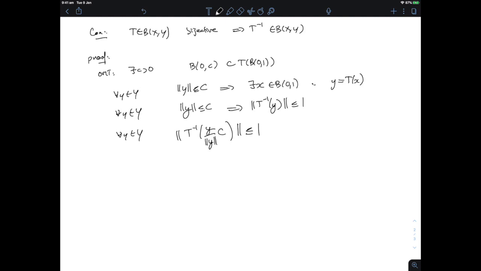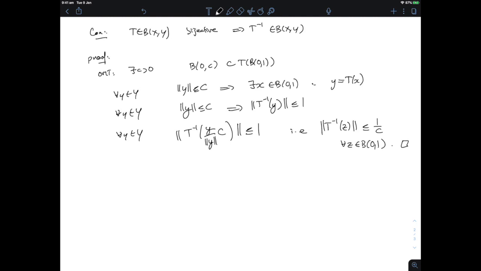So what does that tell us? That tells us that the norm of T minus 1 of z is smaller than 1 upon c for all z in the unit ball. And that proves that T minus 1 is indeed bounded, which means continuous for a linear map.